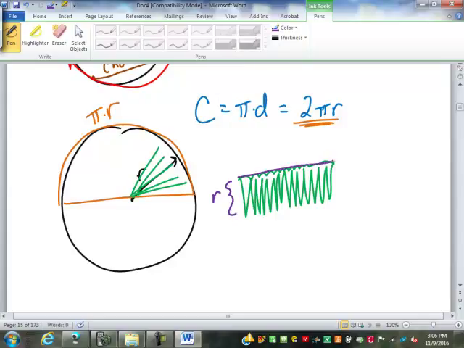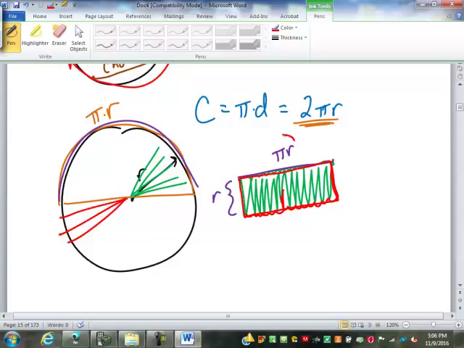This distance here is the distance I had around here if I cut these thin enough. Pi times the radius. Well, I still have half the circle here. If I cut that into equally thin slices, and I fill them in between my teeth here, it should fill that in perfectly and make this a solid object. This is now, if I cut these thin enough, basically just a rectangle.